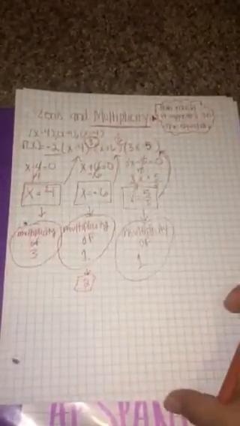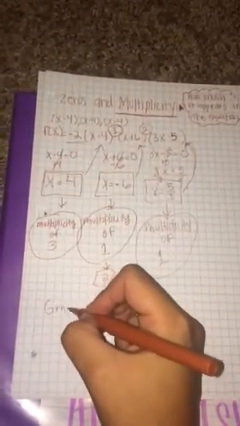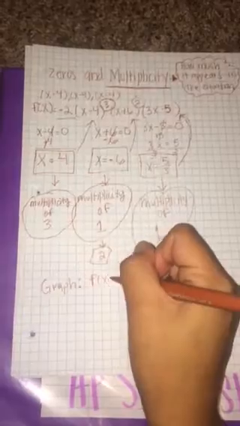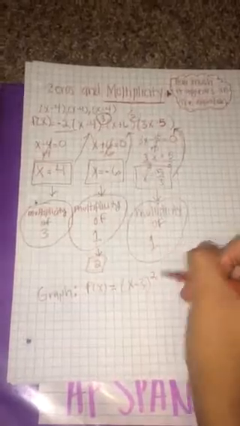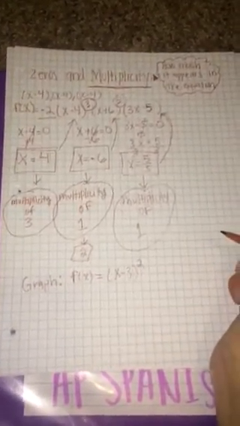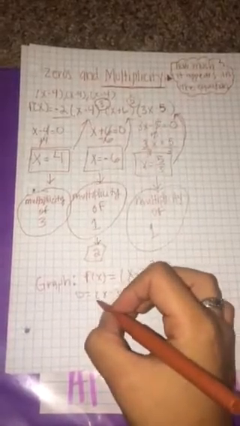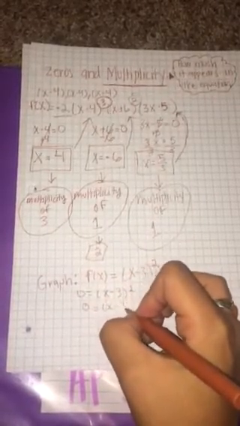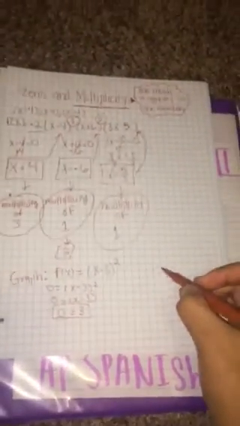So say we have a graph, right? Say we have a graph, and our equation is f of x equals (x minus 3) squared. Well, if we set that equal to 0, we get 0 equals x minus 3, and we get x equals 3, right? Okay, we get our zero. Our zero is 3. So now we graph this.